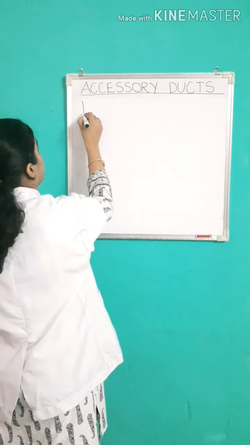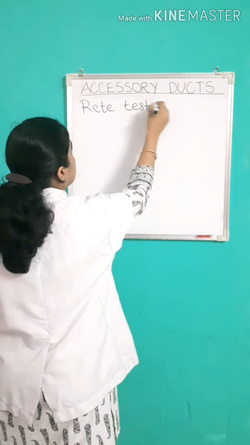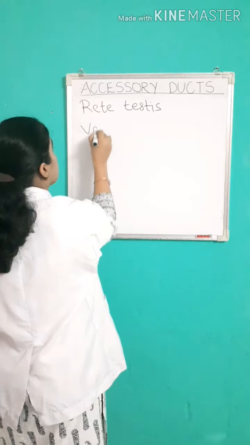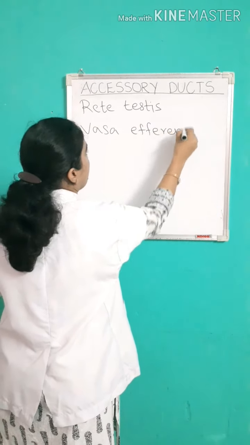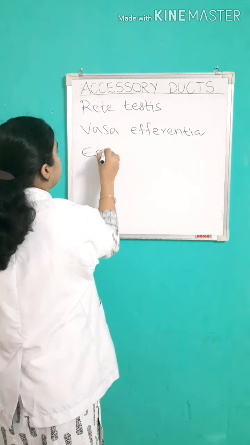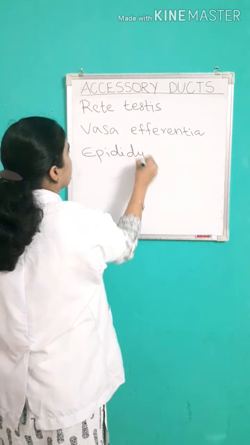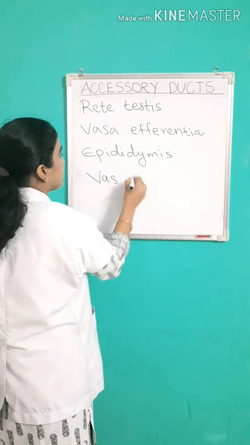They are rete testis, vasa efferentia, epididymis, vas deferens.